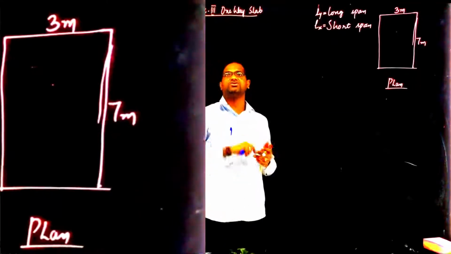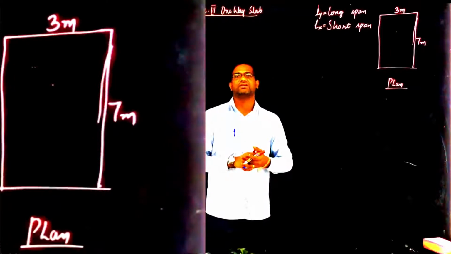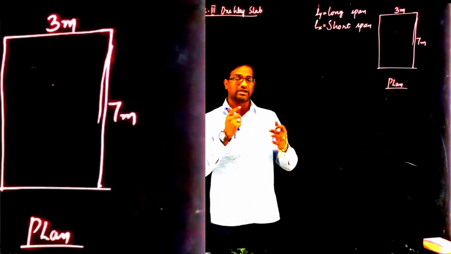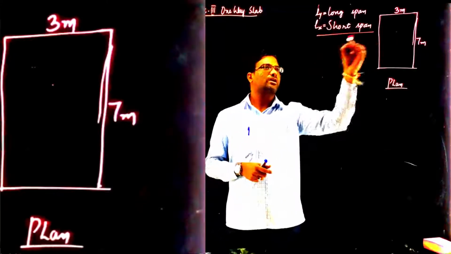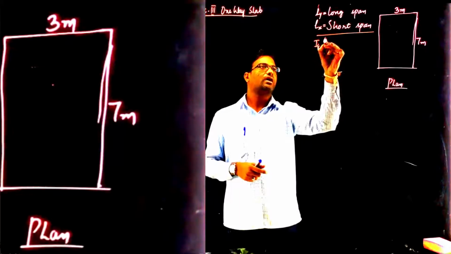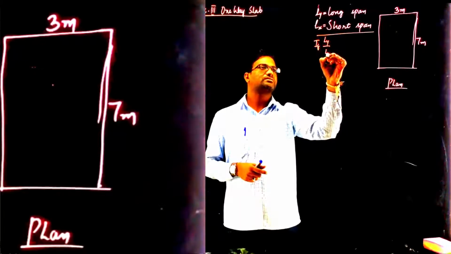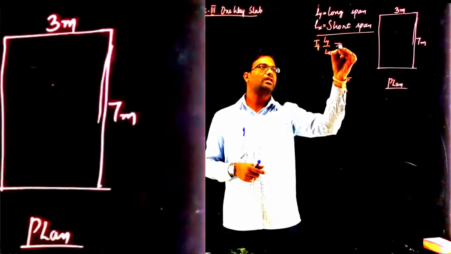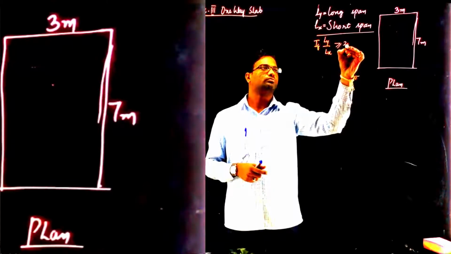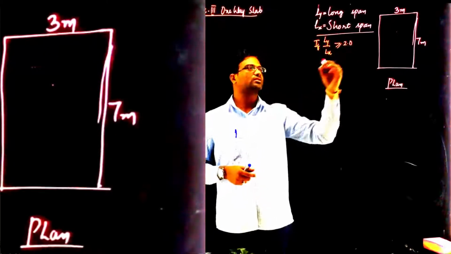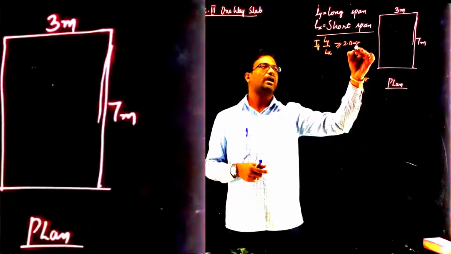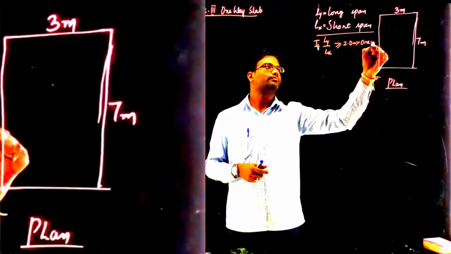So what is the condition to determine whether it is a one-way slab or a two-way slab? The condition is, if Ly by Lx is greater than or equal to 2, then that slab is termed as a one-way slab. If the longer span by shorter span ratio is greater than or equal to 2, then that slab is termed as one-way slab.